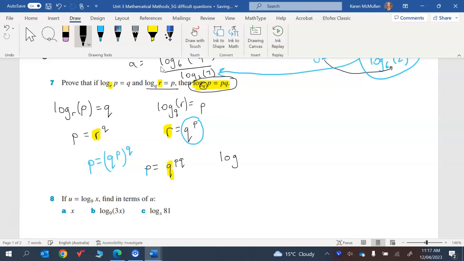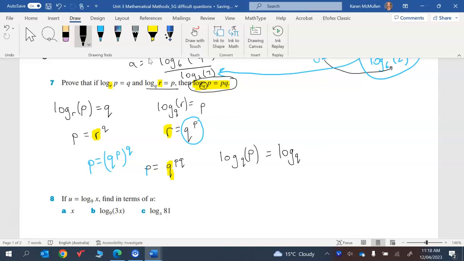So log base q of p is equal to pq. All right, actually, let me not skip that step. So if I take log base q of both sides, I did the left side, but I kind of skipped the right side.